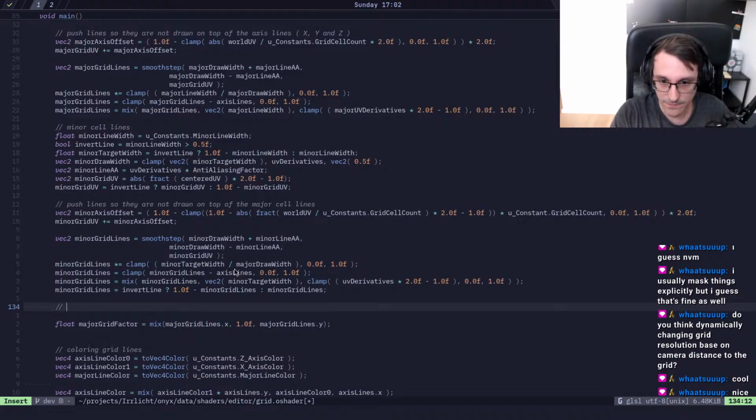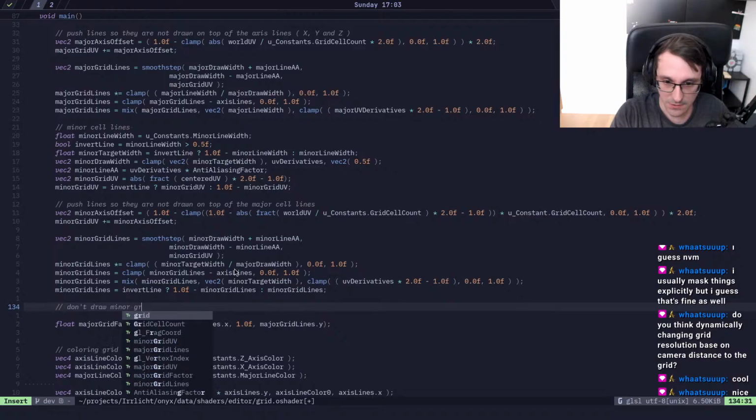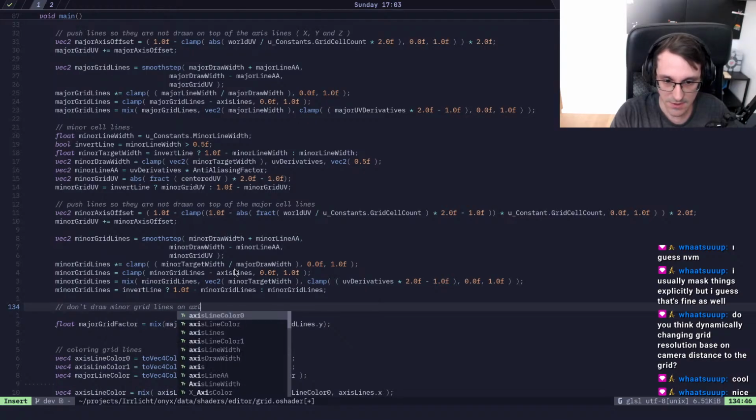And then, yeah, suppress, or like, don't draw minor grid lines on axis lines.